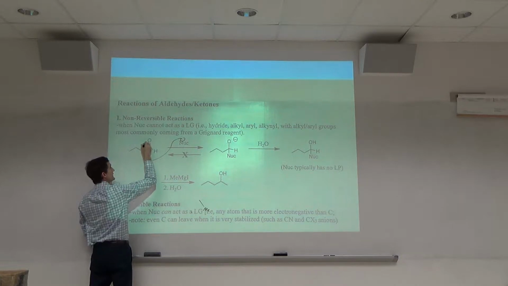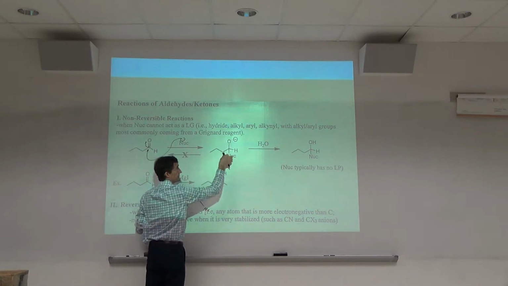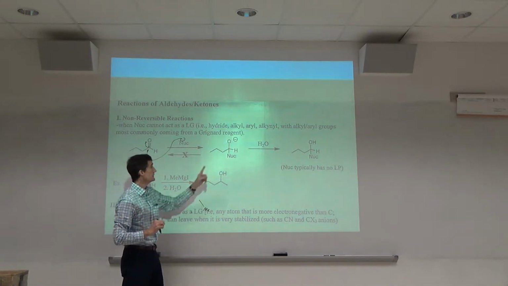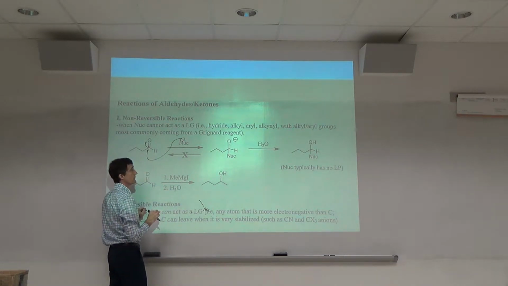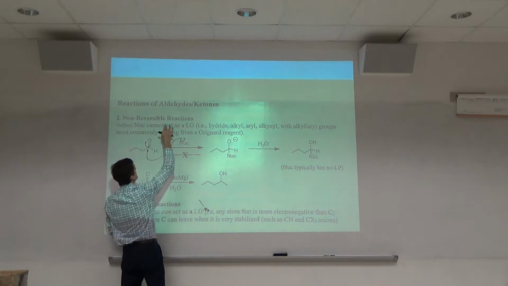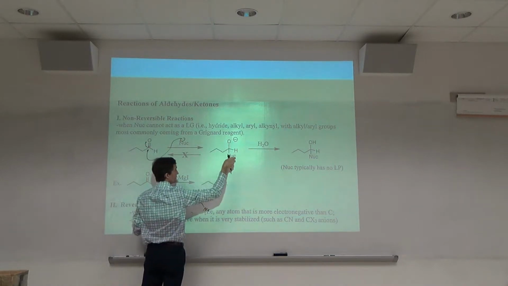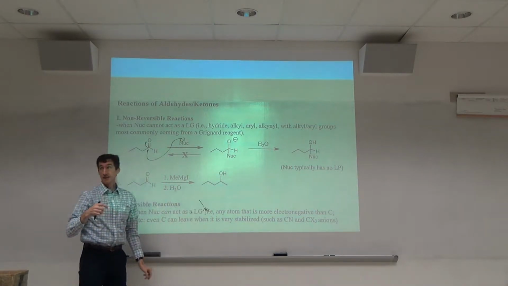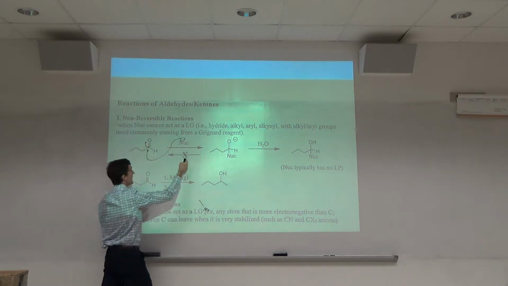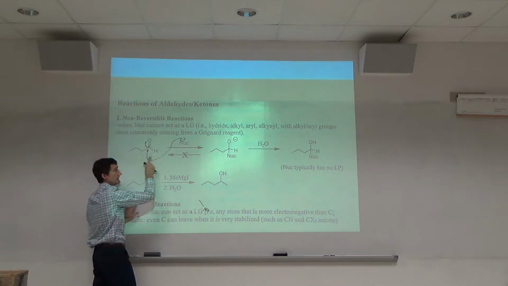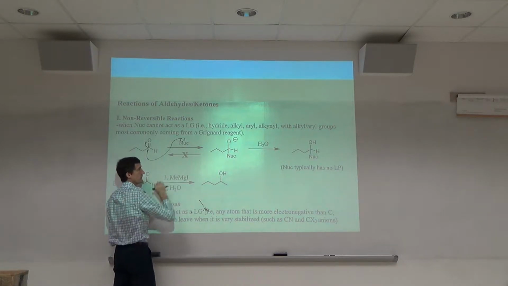We can do a nucleophilic addition, and that would give this tetrahedral intermediate, nucleophile added, electrons up. Non-reversible means that once the nucleophile adds, it ain't coming off. That is, this is not going to come back down and kick it back off and expel the nucleophile. Not reversible.